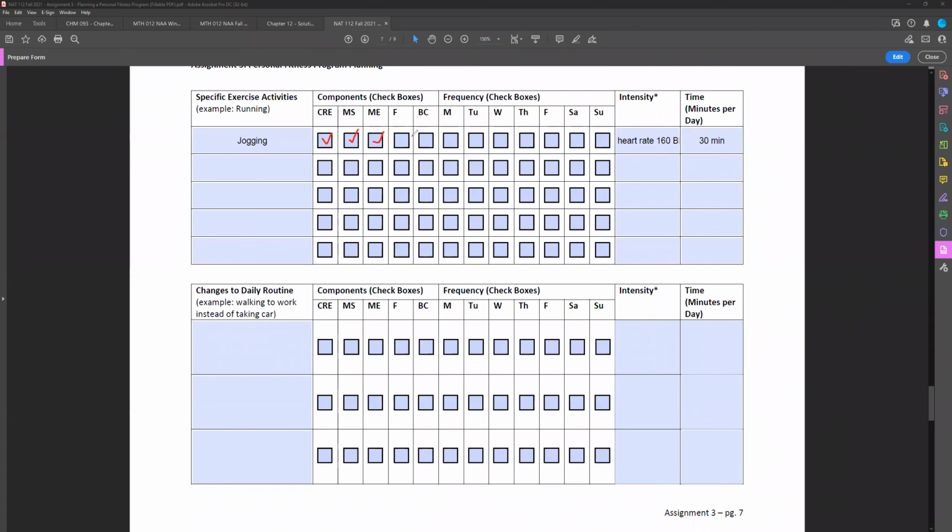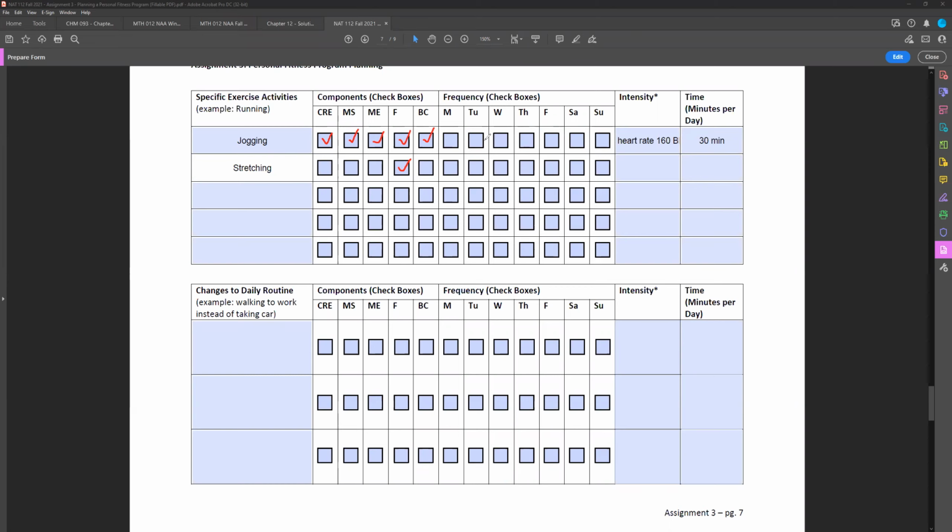Muscular endurance, flexibility slightly, body composition, sure. I could also do, I used this as the example last time, stretching. And stretching is really only working on flexibility. For jogging, I'm using my marker now because I broke these boxes and they're not working the way they should.